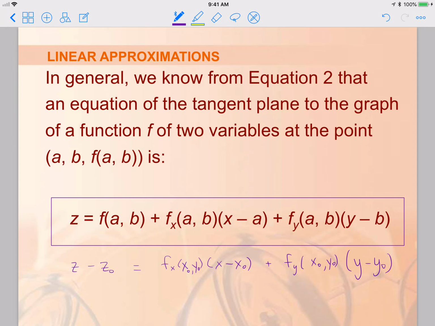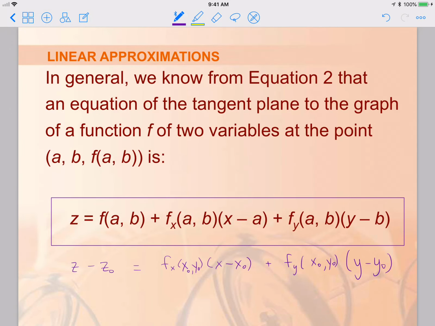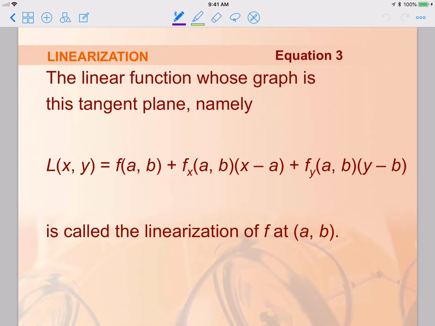We've changed x naught to a and y naught to b, and z naught is now f(a, b), and we just added z naught to both sides. So we get z equal to all that stuff. This equation is exactly the same.